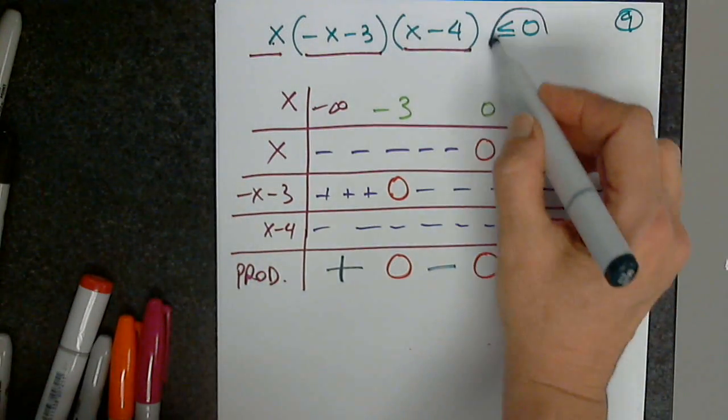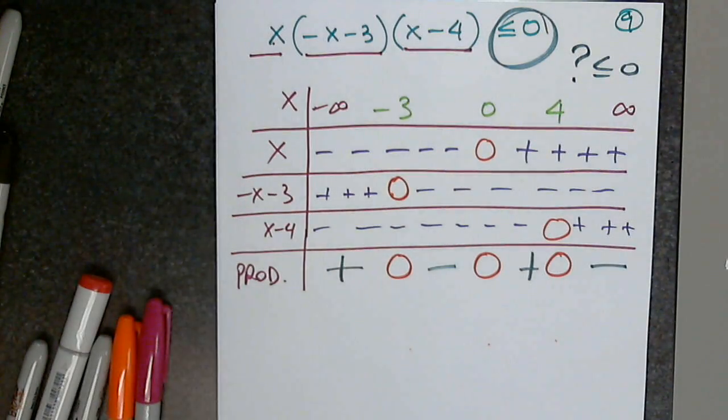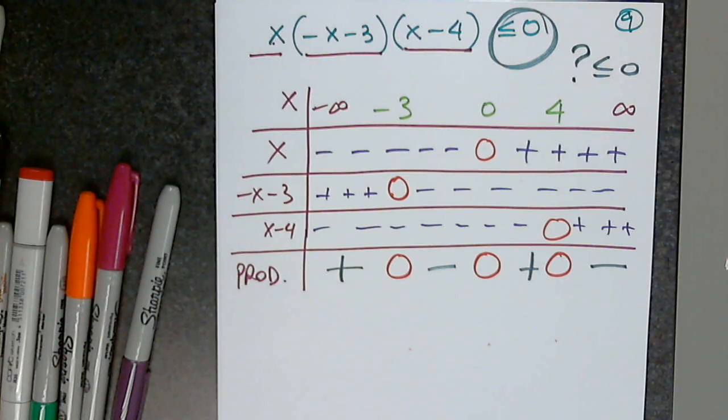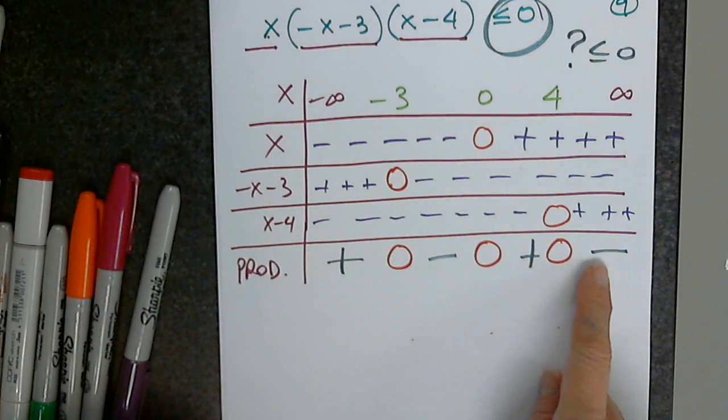Now I'm looking at this, and I'm asking myself, which sign is less than or equal to 0? There is only one sign that is less than or equal to 0: negative. So let's look at the product. Is the product ever negative?